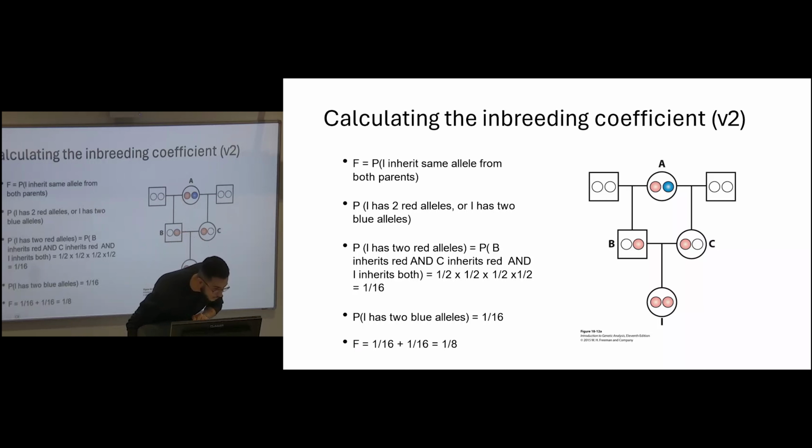So the F, the inbreeding coefficient, is calculated this way. You start from the grandparent, and then you look at how a bad allele is transferred to the parent, and then from there to the offspring. If you calculate the F, the inbreeding coefficient for the individual I, you're going to take the probability that this allele is passed to B and to C. So that's 1/2 times 1/2, that's 1/4, right?